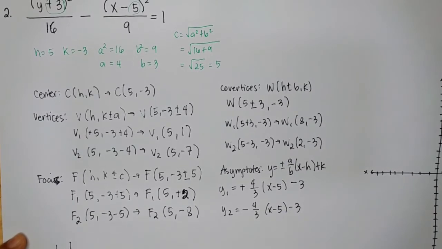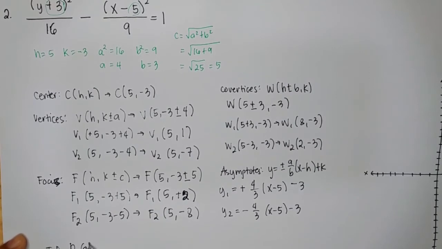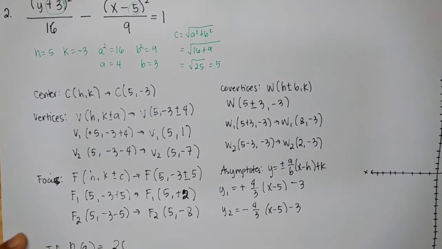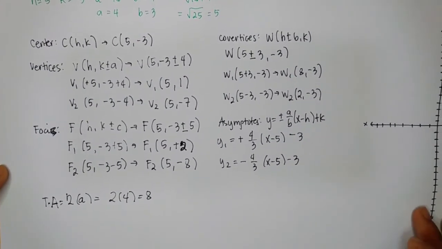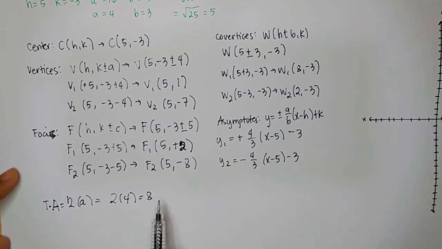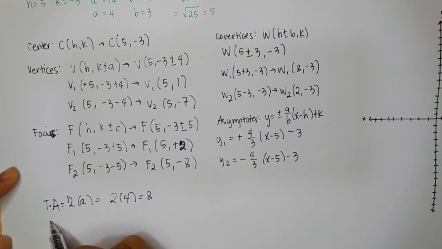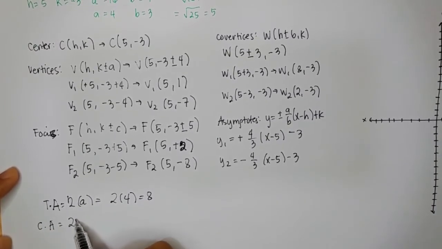Then, how about yung length ng transverse axis? Length ng transverse axis natin, that is 2 times a. So, we have 2 times 4. This is equal to 8. Yung sa conjugate axis natin, we have 2 times b.